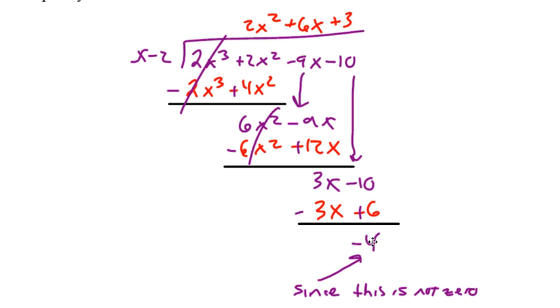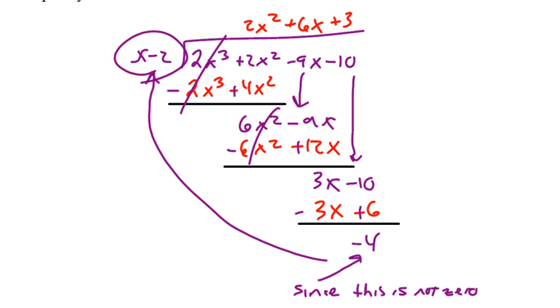I'll kind of jump the gun right now. Since this is not 0, what that means is that this guy right here is not a factor. In other words, if this is not a factor, then that means that x equals 2 is not a root.